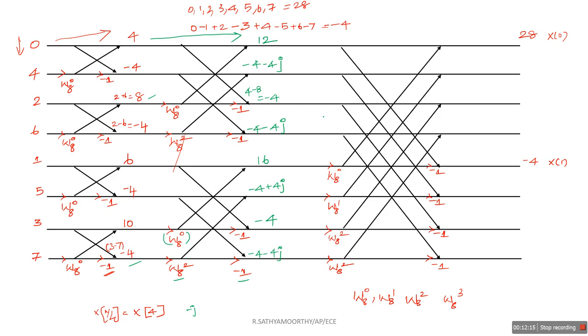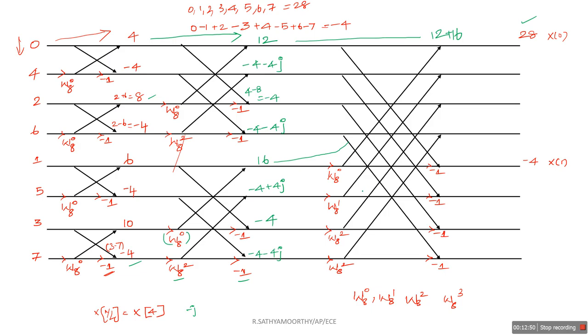Now what you have to do is add this 12 plus this 16. What is now the answer? You will get 28. As we calculated initially, the addition of all the input samples gives 28. And then this is W8 power 1.